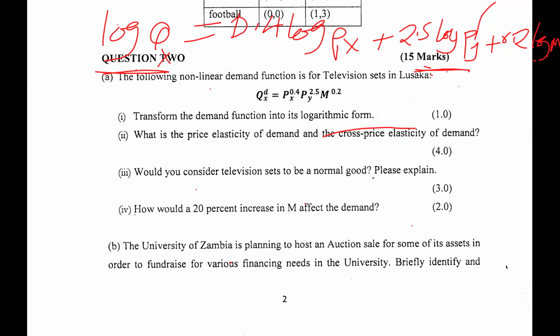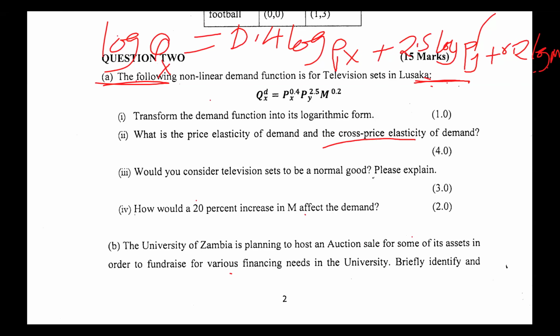I think the P to the power 0.4, we consider it as a constant. Yes, this one is a constant. M to the power 0.2, also consider it as a constant. We remain with the Y function.